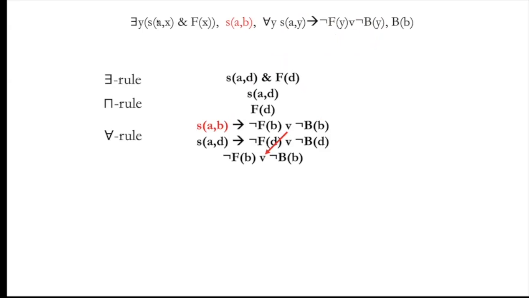I've done application of this universal rule in two steps, but hopefully you're seeing that now I can get the thing the arrow is pointing to because I have the thing that preceded the arrow. And I did that by picking a specific instance that I knew was already there. And I did it again because I have SAD there, right? So that's why I did it twice. Wait, where did we have SAB? SAB, right there. Oh. And then SAB, yeah, from the conjunction.